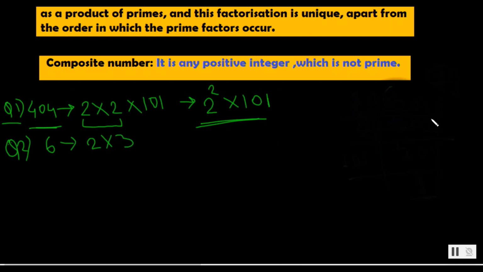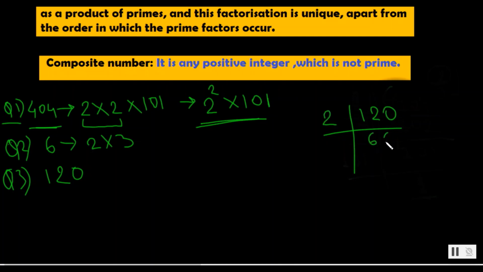Now let us take another number, 120. Fine. So how will we do it for 120? 120 is divisible by 2, so we get 60, again by 2 we get 30, and again by 2 we get 15.